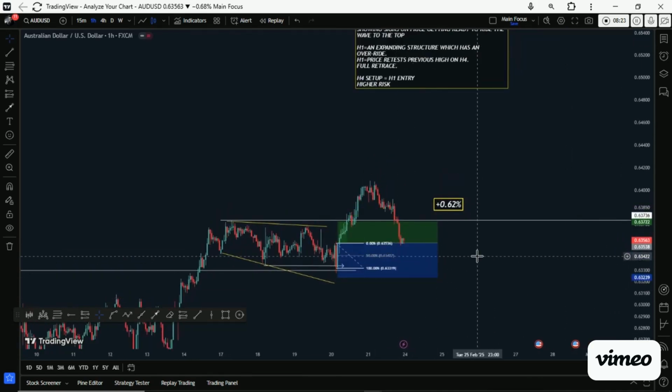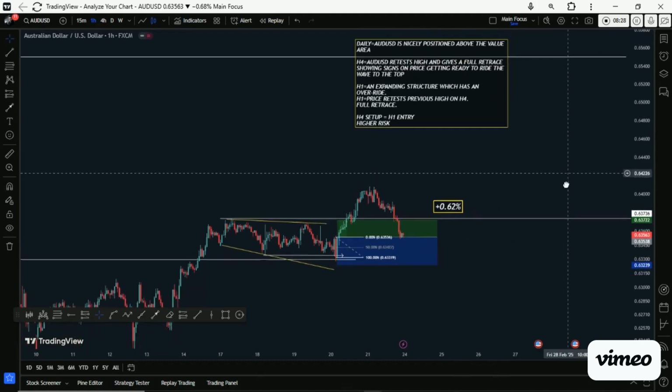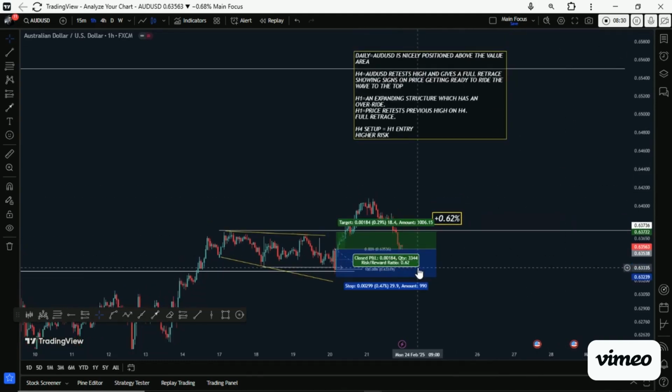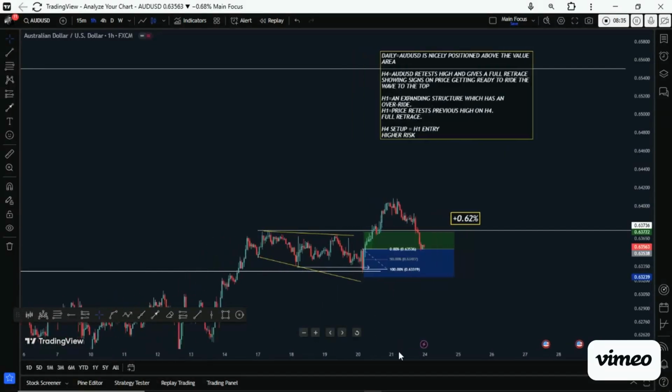If it had triggered, it would have been nice, and it would have made my stop reasonable, because right now it is way too wide. But 29 pips I could afford. So this was the trade on AUD USD.